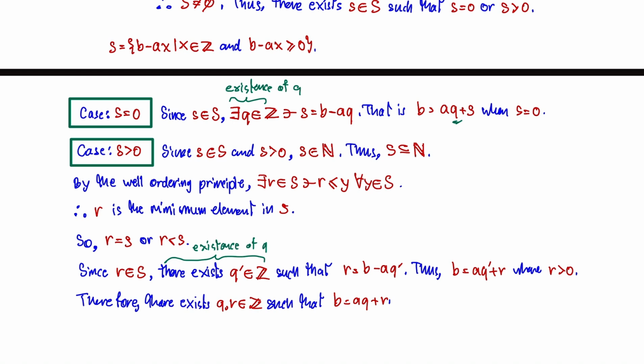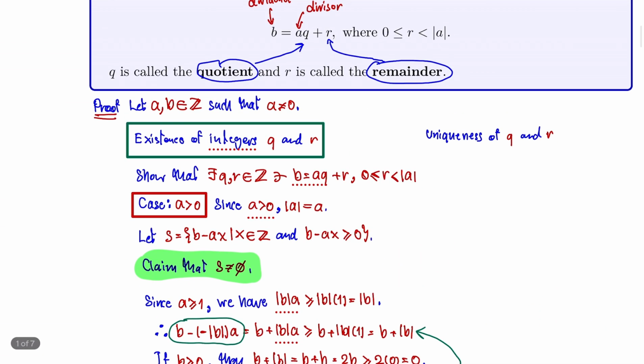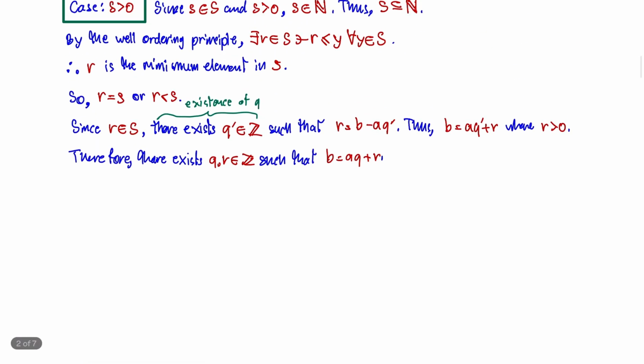So this one is the existence of Q. Okay, now we already proved the existence, but one thing that we have to show is why R has this inequality. Let's show that R is greater than or equal to 0 and less than the absolute value of A. Okay, let's get started.